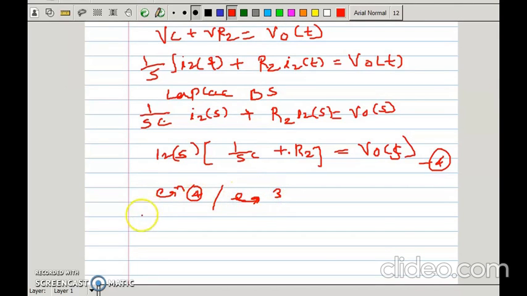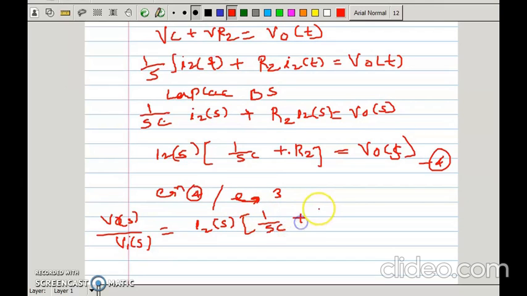What is equation number 4? This is VO of S divided by V of S. This is your transfer function, right? What is the V of S? It is I2 of S in bracket 1 upon SC plus R2, right? Divided by, what is equation number 3?